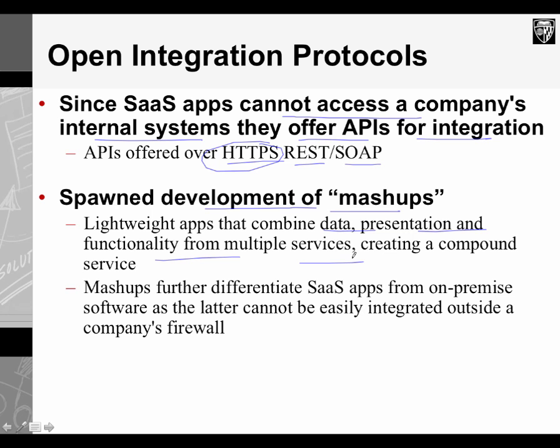And these services could be in-house services. These services could be services that are in the cloud. They kind of combine all these things to create a compound service, which is what we call mashups. Mashups is a way by which you can bring different services together into a single application. Many of the companies are actually doing that.